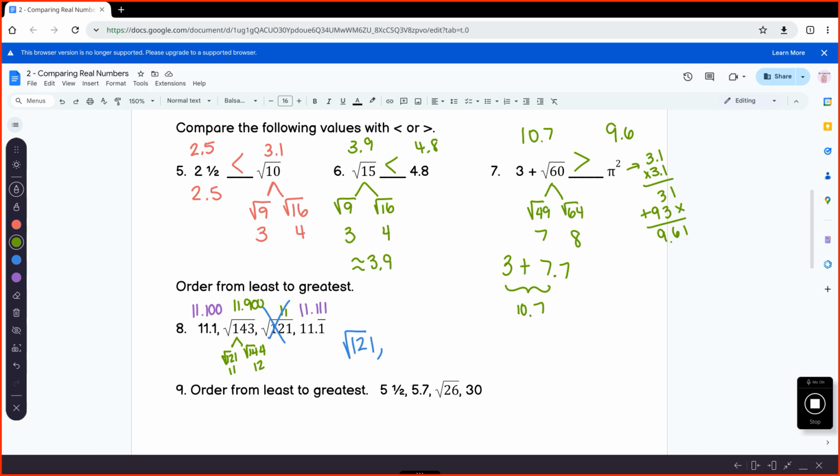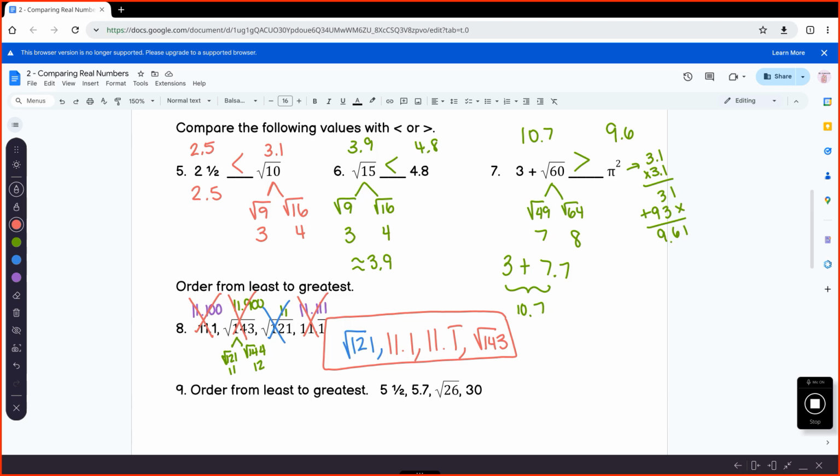So 11.100 would be next, or just 11.1. All right, next we are comparing 11.9 versus 11.1 repeating. So the 11.1 repeating is next. And then we have our last but not least, the square root of 143, which is about 11.9.